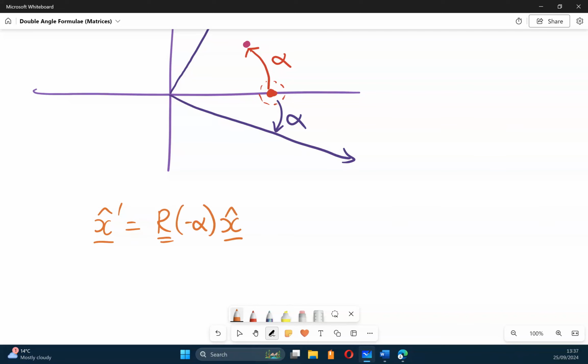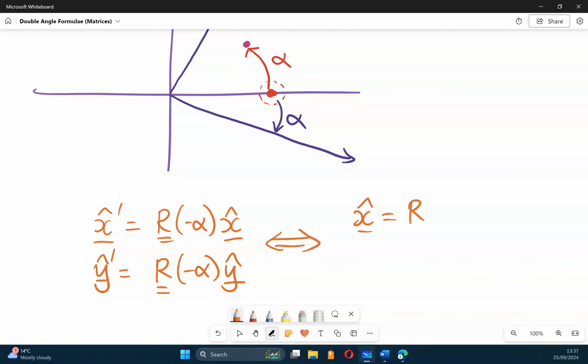And then we could say the same for y prime hat. Or another way to see it is if we rotated the x prime and y prime axes, then we'd get x hat is equal to R of alpha, x prime hat, and then y hat is equal to R of alpha, so anti-clockwise by alpha, of y prime hat.